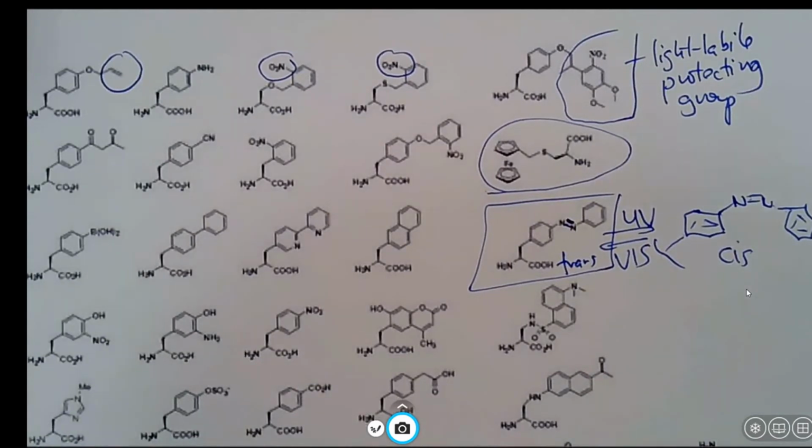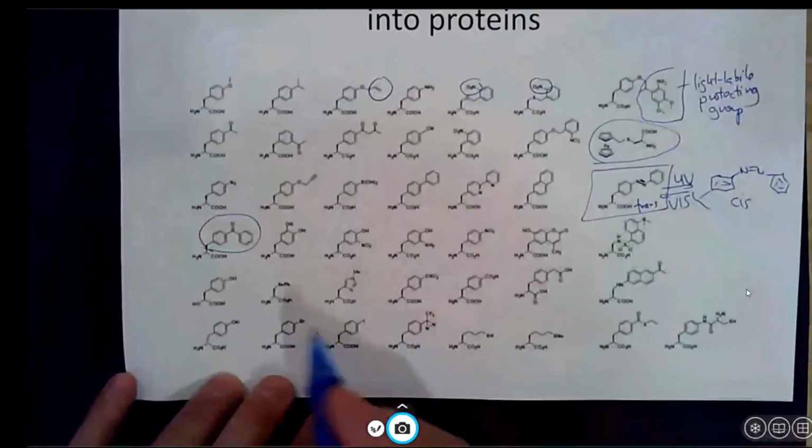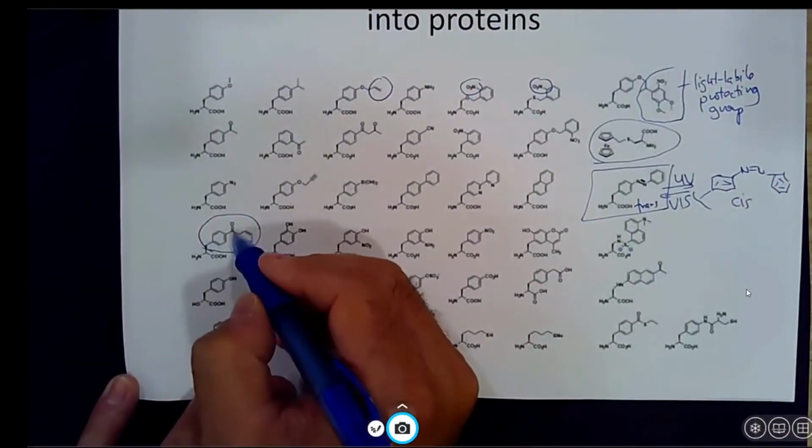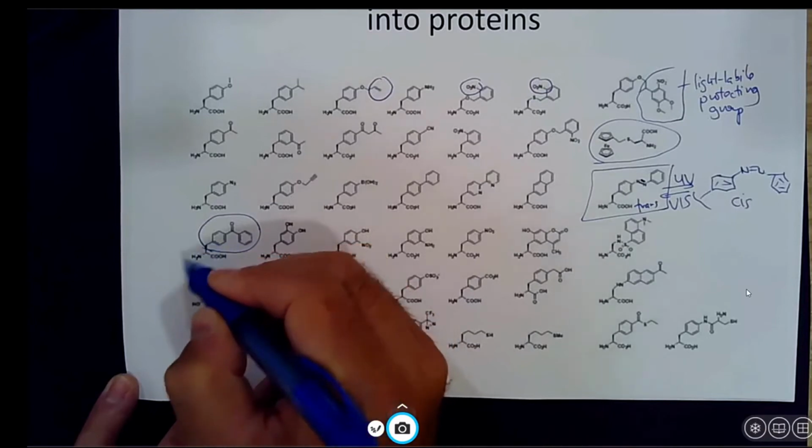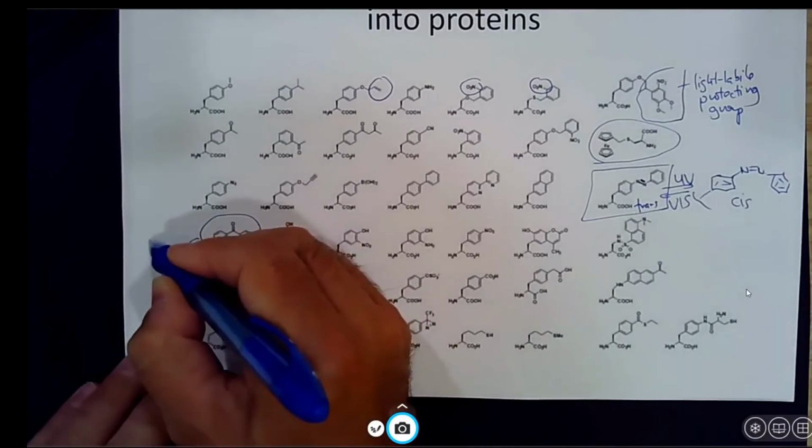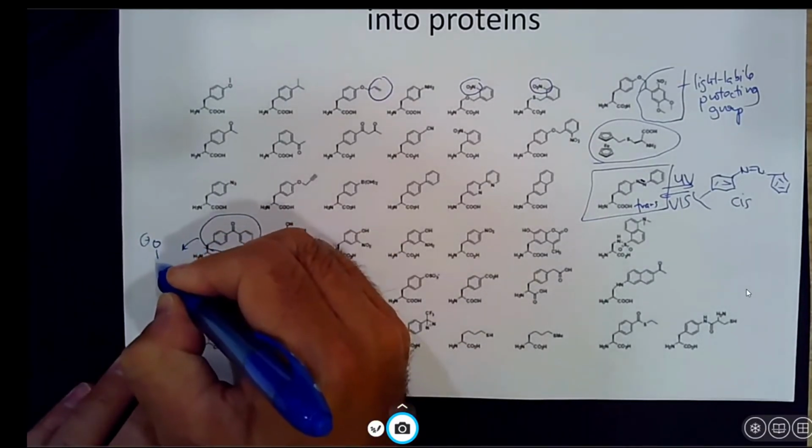I'm not going to go through all these, but you can see that there's just an enormous array of different types of functional groups. This one here is called benzophenone. I'll just zoom out a little bit. Benzophenone is also quite interesting because in the presence of light, you actually generate a radical at the central carbonyl.